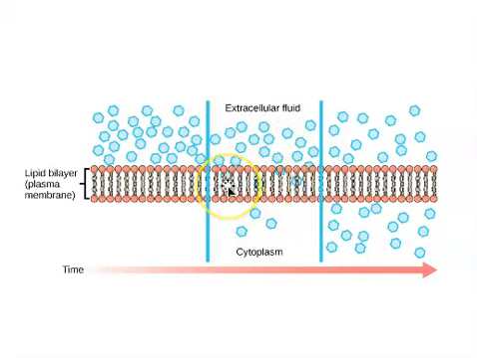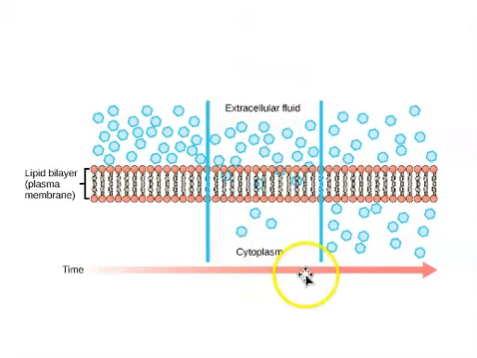It's going to travel from the side that has the high concentration, outside of the cell, across the membrane towards the side that has the low concentration, the cytoplasm. We're going to travel this way across the membrane, from outside to inside, slipping in between the individual phospholipids, going down the concentration gradient.